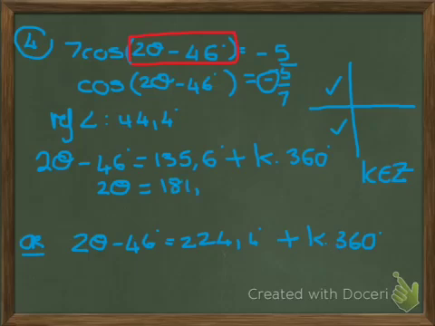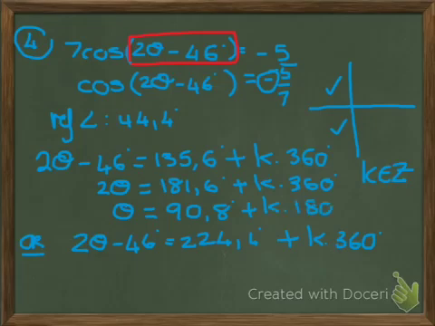So 181,6 plus k360. Now I need to get rid of the 2 in front of the theta. That means I need to divide through by 2. So 181.6 divided by 2 will give me 90,8. Plus, if you divide k360 by 2, you're going to get k180.